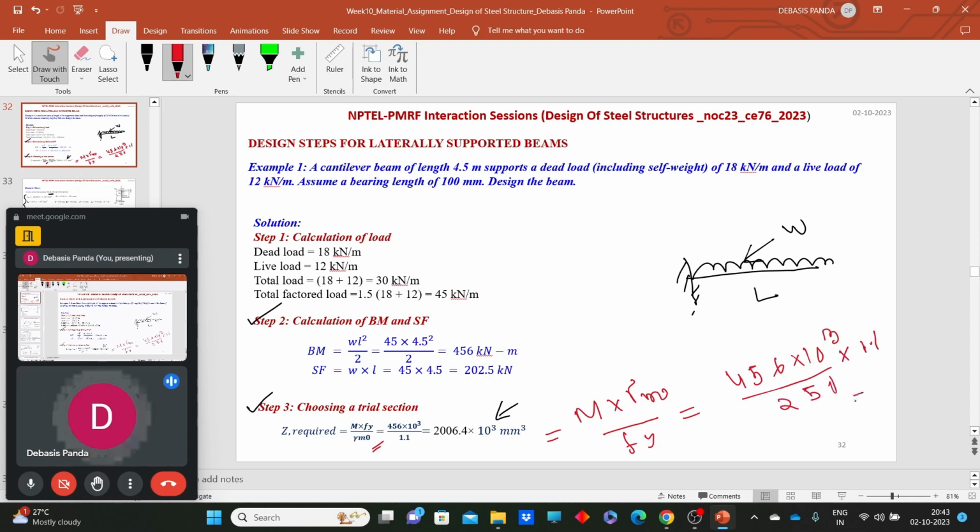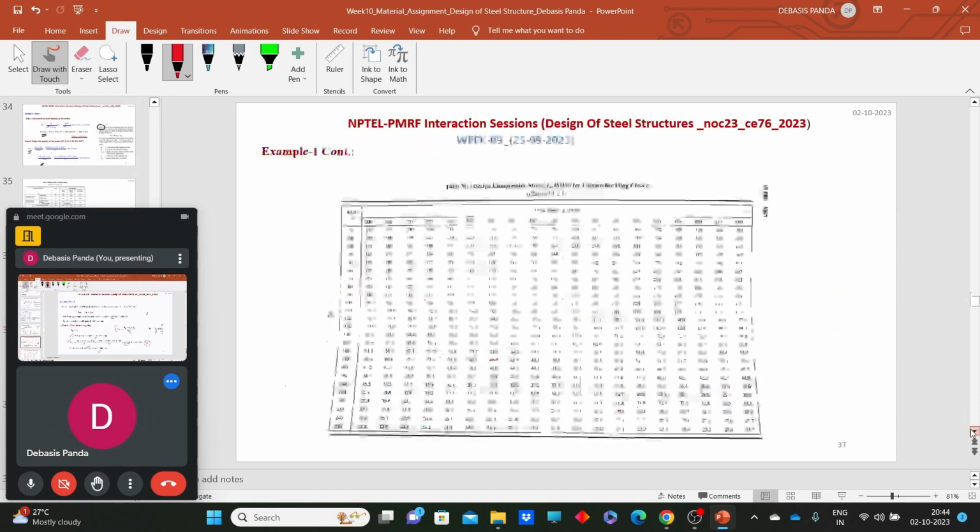Now if you calculate it, please correct this equation. This part will be equal to M into gamma m0 by fy. So let's move to our question.